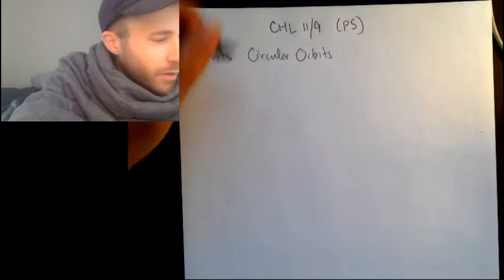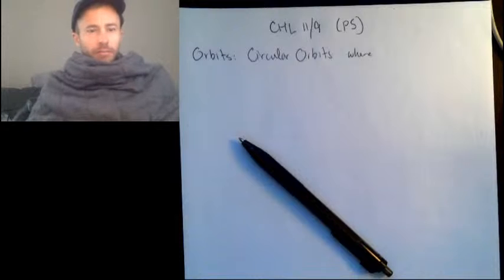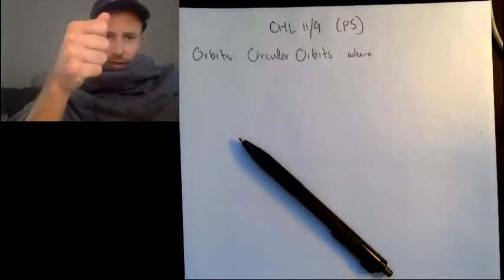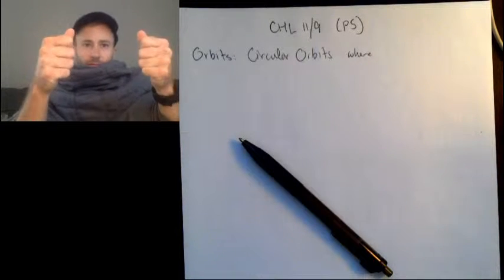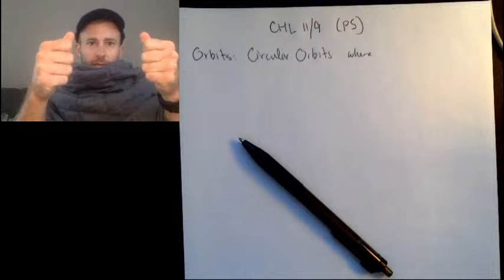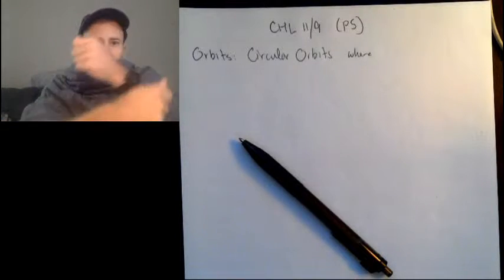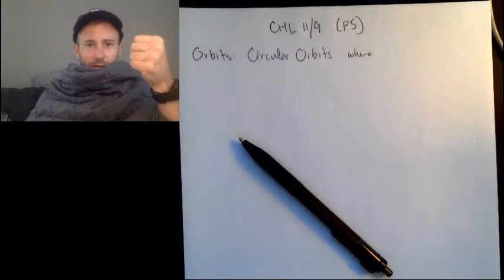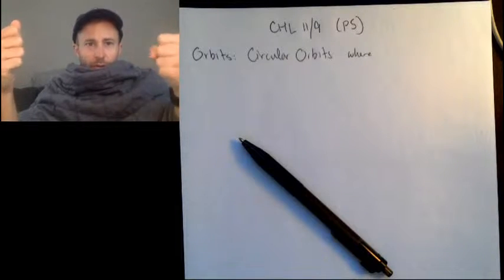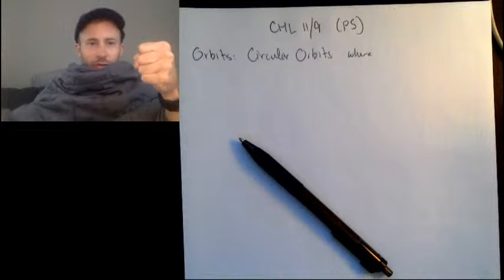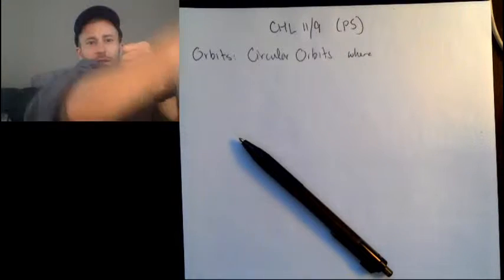All right. And we're going to talk about circular orbits where, if you have two things that have equal mass orbiting each other, then they actually dance around each other like this. If one of the objects is much more massive than the other, then the one that's much more massive basically stays put and the other thing goes around it.